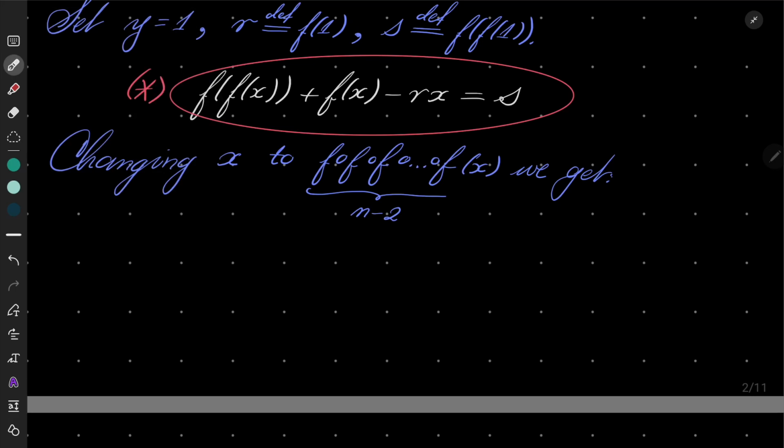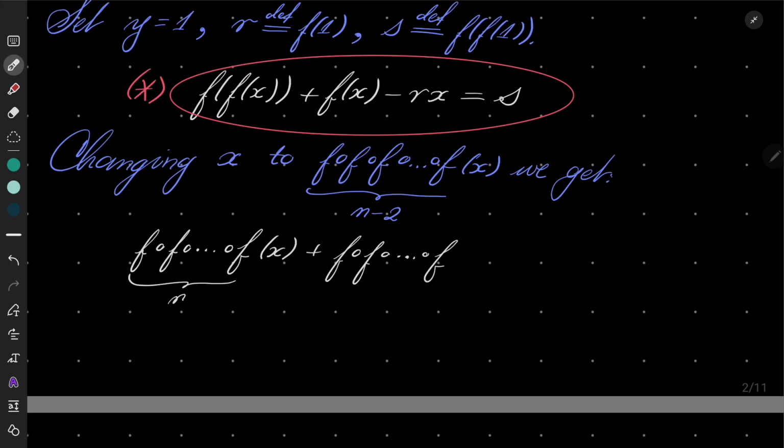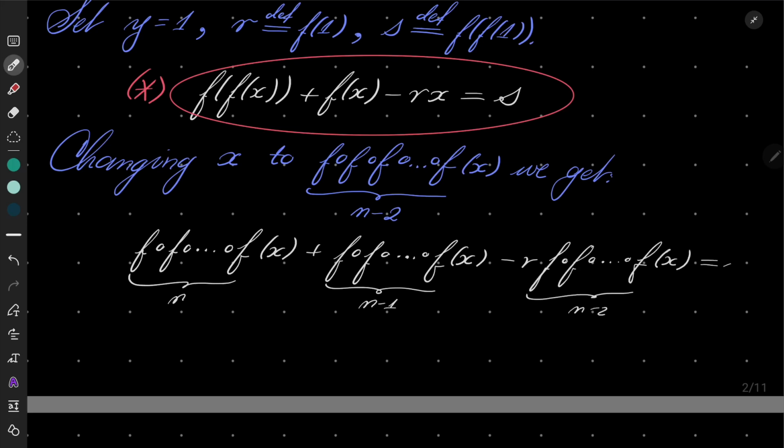Here on the left hand side I will have f composed with f and so on, n times in total. Here I will have f composed with itself, but only n minus 1 times. Here I will have r times f composed with f and so on, n minus 2 times, equals s.